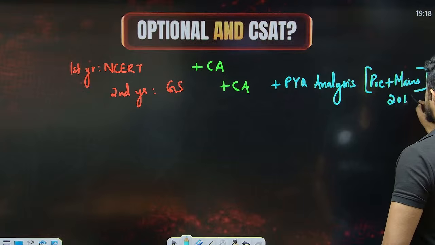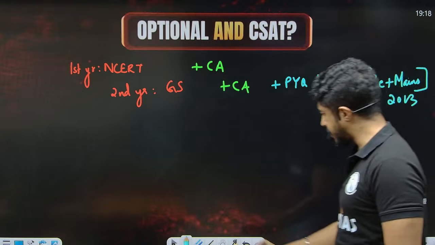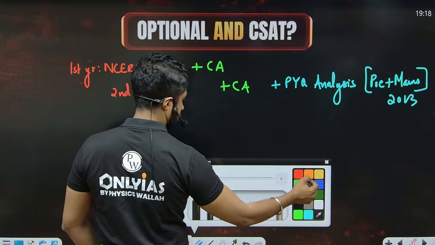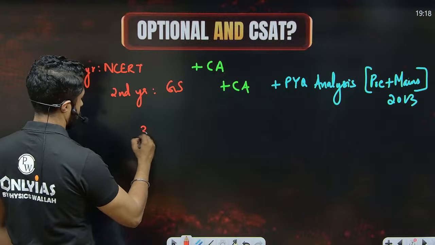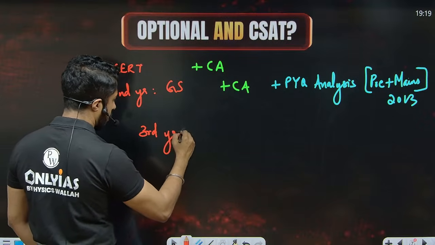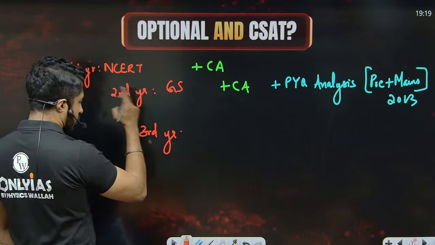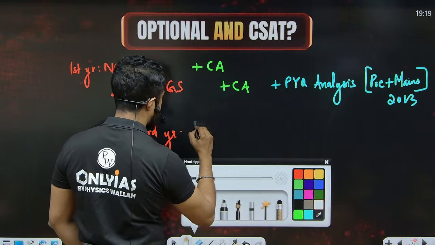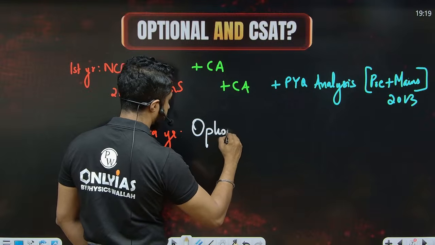This also you would have completed. In the third year, after 2 years are over, probably you will get a clarity as to what you should choose as your optional subject.